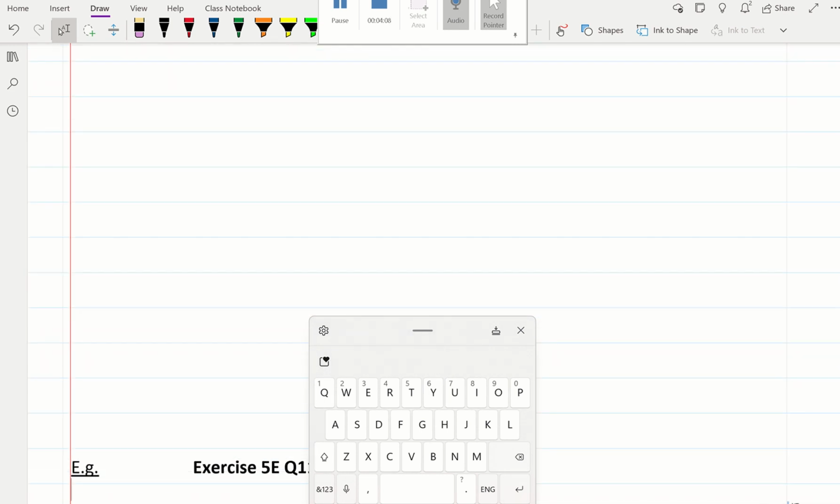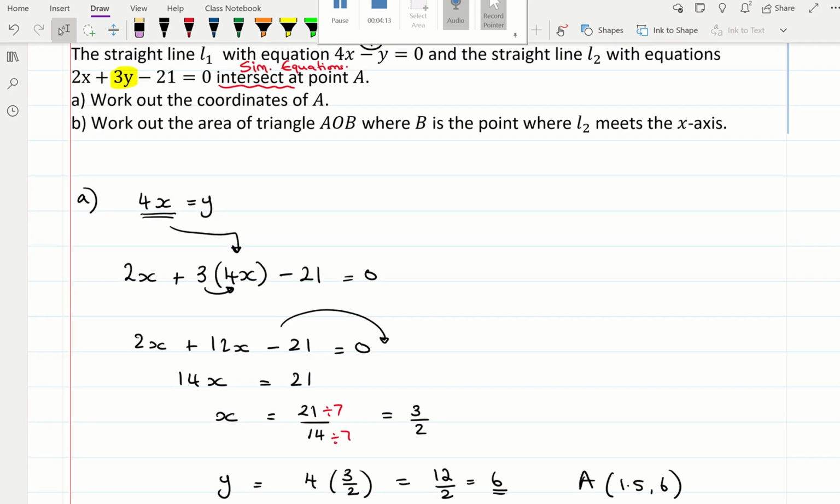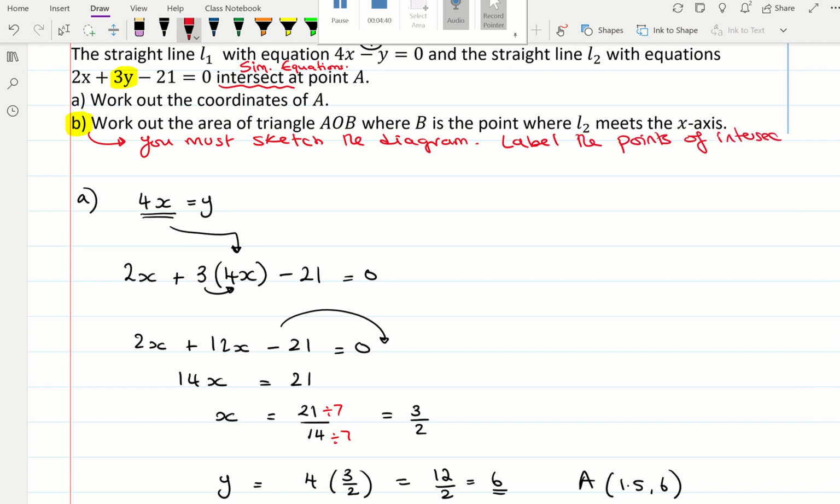And let me make a lot more space here for part B. There we go. So that's part A. And then it says work out the area of triangle AOB, where B is the point where L2 meets the x-axis. So for B, you must sketch the diagram and label the points of intersection.